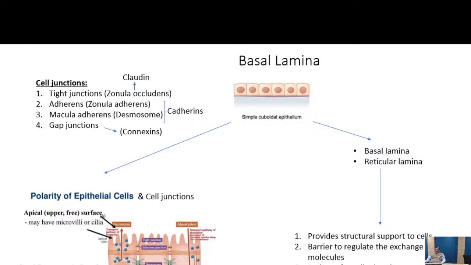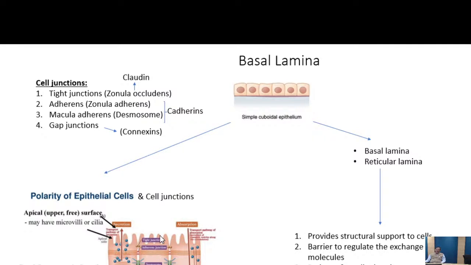So there are certain cell surface modifications which are present on one surface only, and they cannot be present on the other surface. This feature of the epithelial cells we call cell polarity. So understand the meaning of the term cell polarity. I will come back again to this cell surface modification. These small projections coming out from each cell are called microvilli.